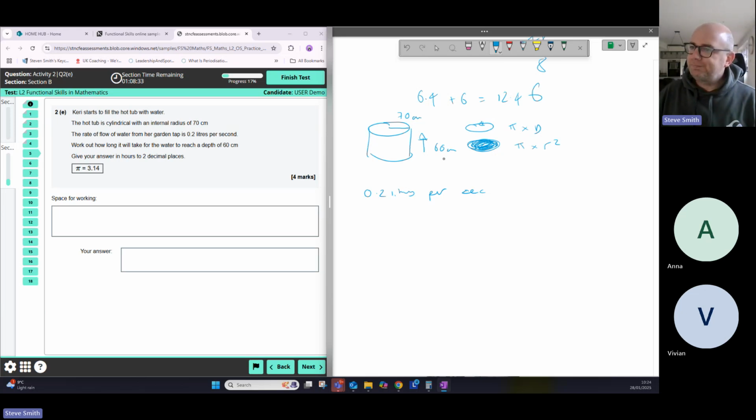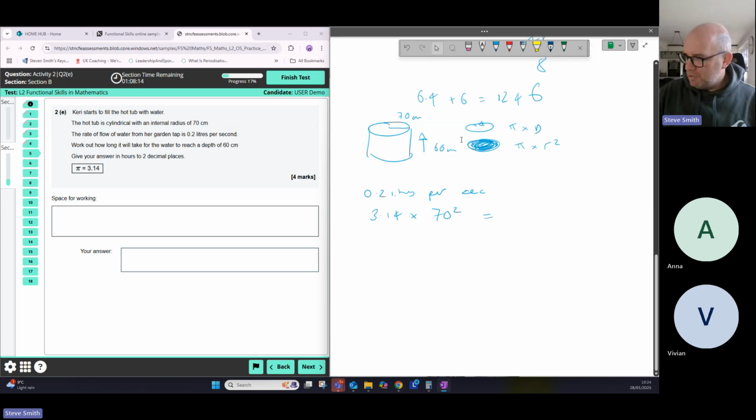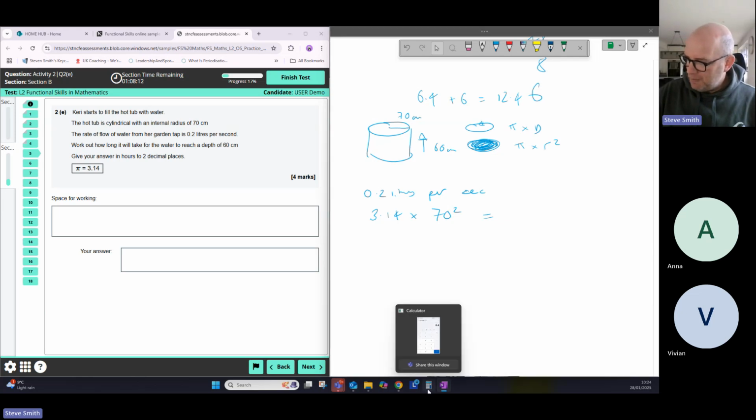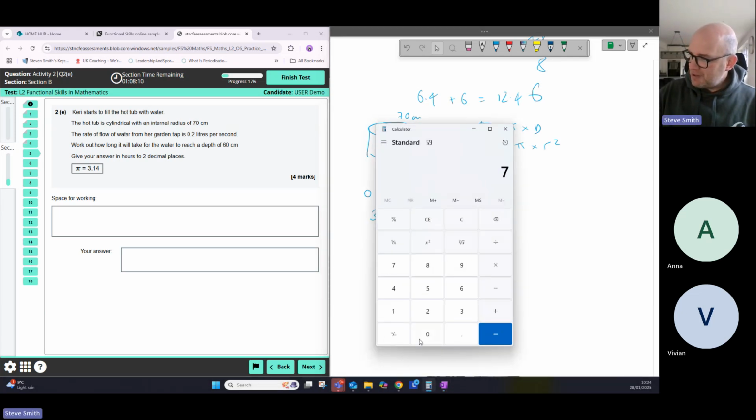We've sussed it out. So let's look at this part here. We need area, so it's pi times radius squared. So 70 squared. 70 times 70, we'll keep it in centimeters. 70 times 70 is 4,900.